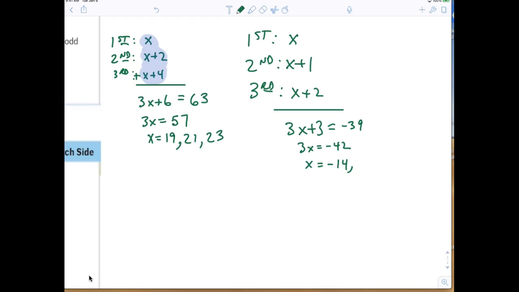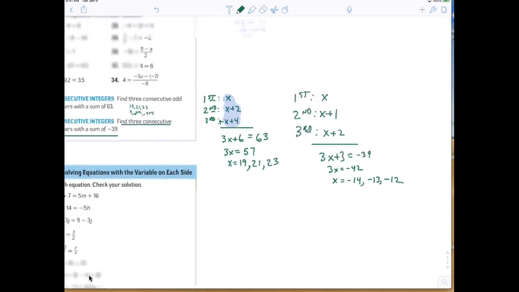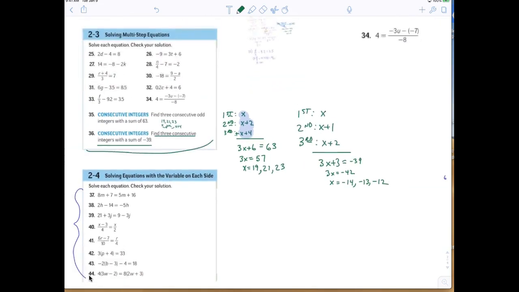That is correct. You're adding 1. Add 1 to negative 14. Negative 14 plus 1 is negative 13. Add 1 more. Negative 12. Now look, if you struggled with that, guys, the only thing I can tell you is go back and just rework the problems. But you have to understand what consecutive means.